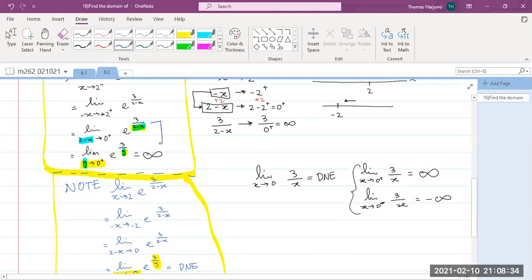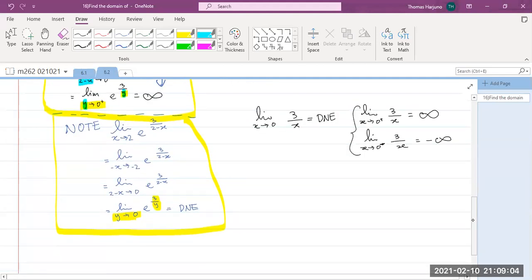You can just jump from here to here right away. It's pretty clear, right? If 2 minus x is approaching 0 from the positive side, then the exponent here will be positive infinity, and e to the positive infinity is infinity. Okay. That's for number 28.